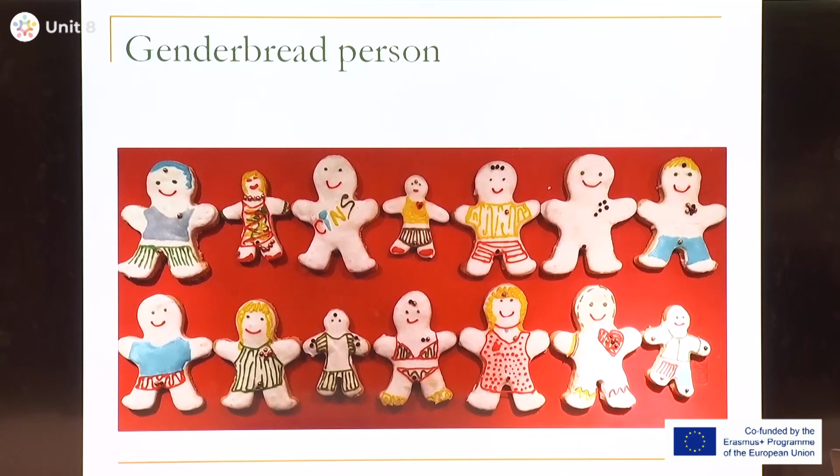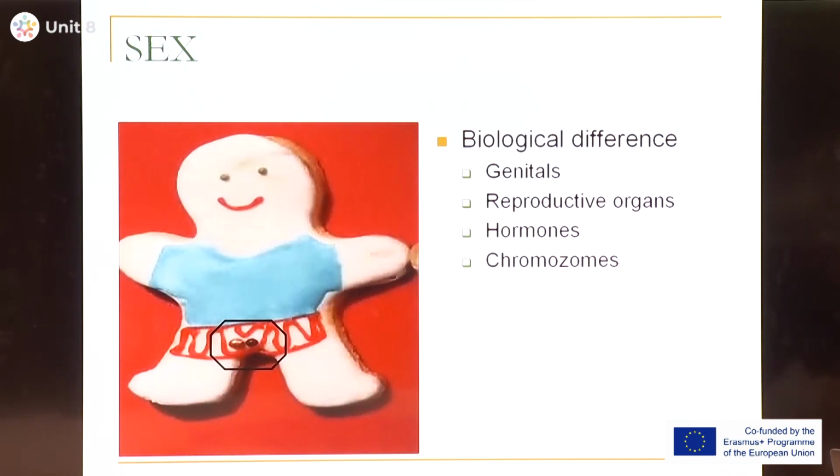To do this, I'm going to use a graphic generally known as the genderbread person. Well, here you have many genderbread people. Here you see a diverse set of genderbread people. Let's look at one to get to know our first concept, sex.